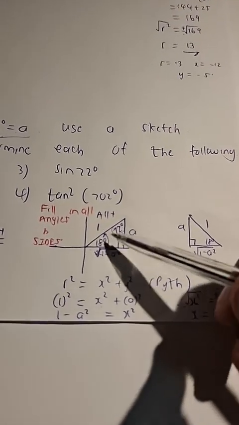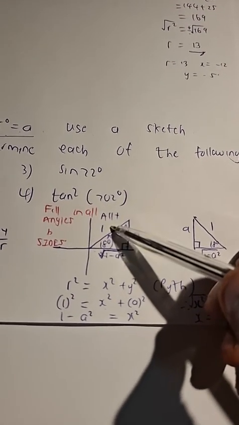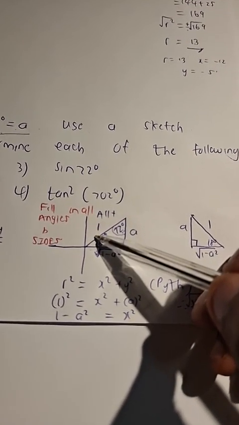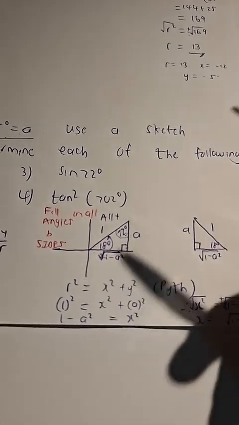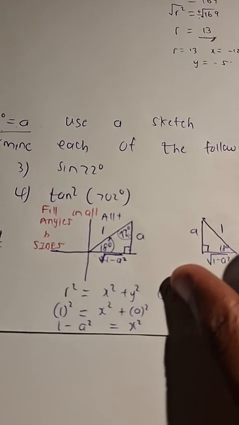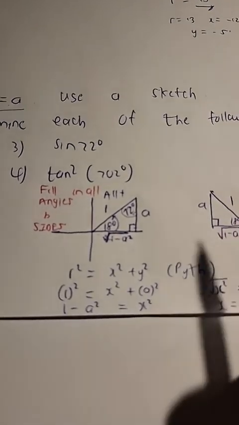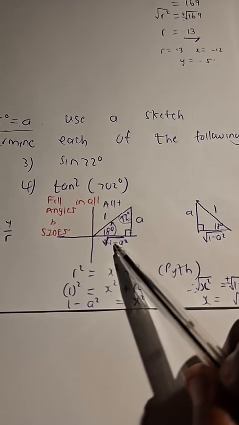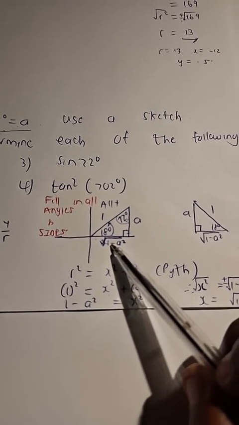What is the hypotenuse? It is still our value 1, because opposite the 90 degrees, we always have the hypotenuse. So that's why the answer is the square root of 1 minus a squared. Are you with me? Are we feeling why the answer there is the square root of 1 minus a squared? Any questions there?